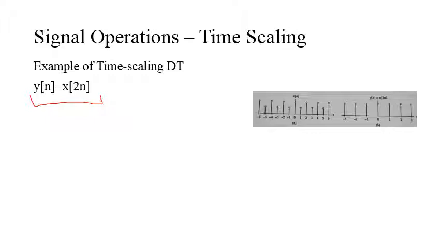Because the scaling factor is 2, the resulting signal, which is y of n, will be the 2 times compressed version of the original signal.